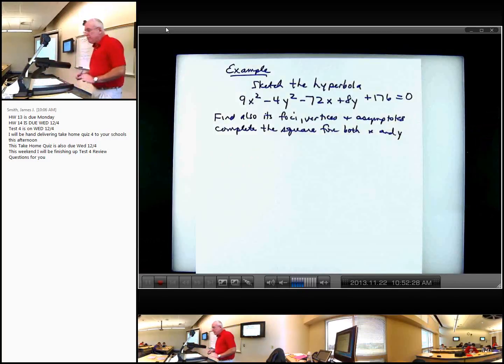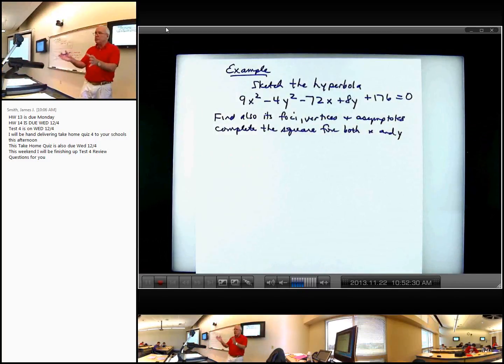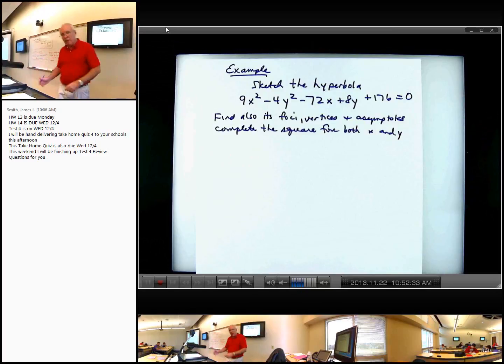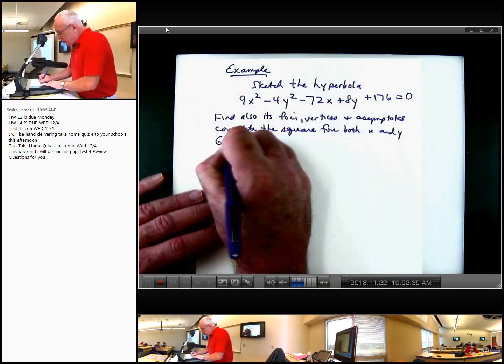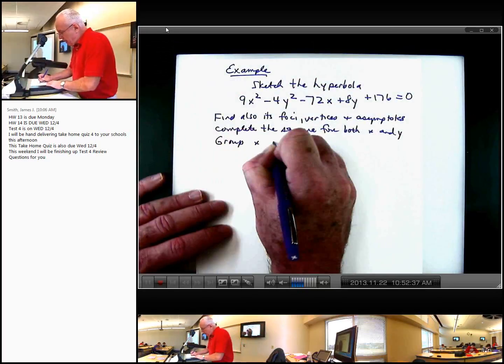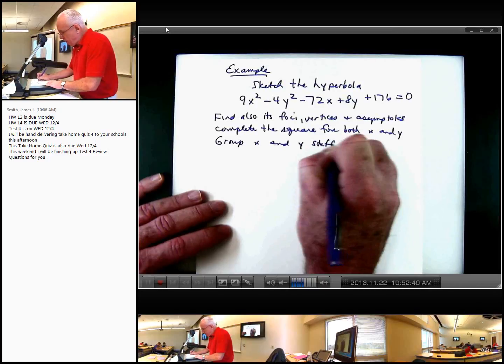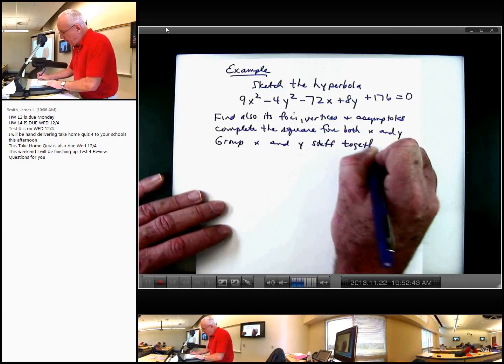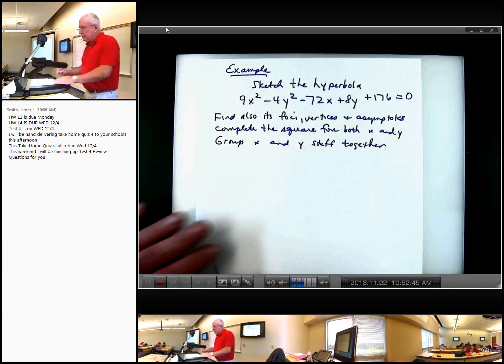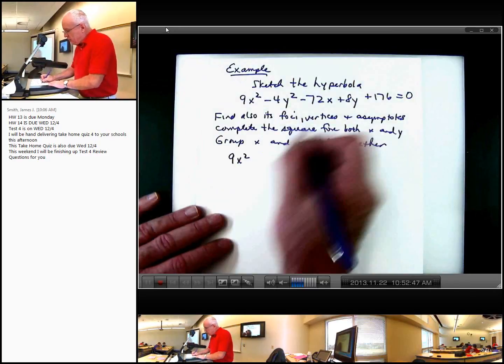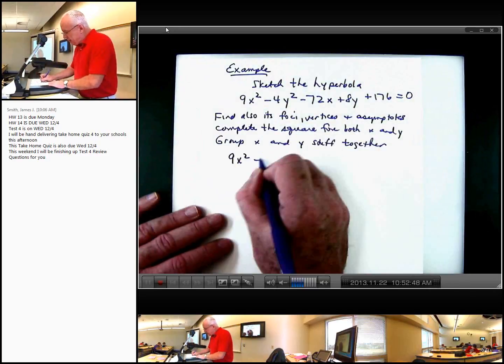So the first step in doing that is I need to get my x variables together and my y variables together. So I'm going to group x and y stuff together. All right, so let's see. We've got a 9x squared, and then I have a minus 72x.